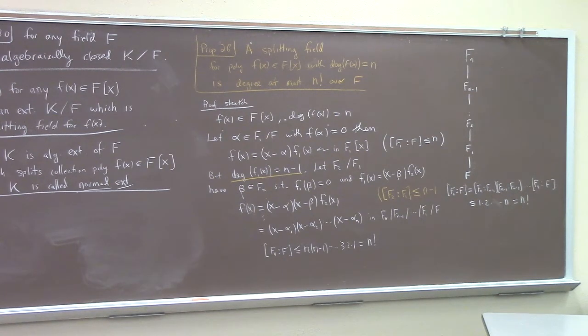All right, so how about this? We know that there exists a splitting field for the polynomial, right? So instead of assuming F, let's replace this temporarily with K, the splitting field. Then the question is, where are these alphas?